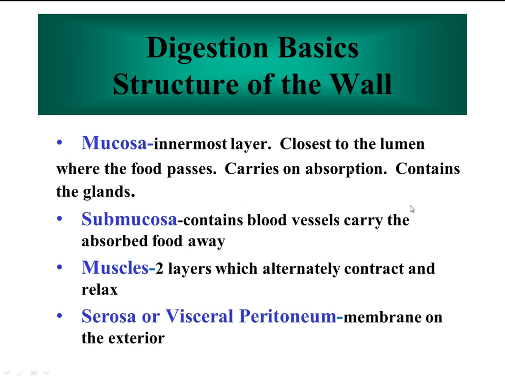The structure of the wall of the digestive tract, you have a mucosal layer. That's the innermost layer. Now remember that we said this in the last chapter when we were looking at blood vessels, that the opening of that hollow tube, that opening is called a lumen. Here's that word again. So the mucosa is the innermost layer with the lumen in the middle where the food passes.